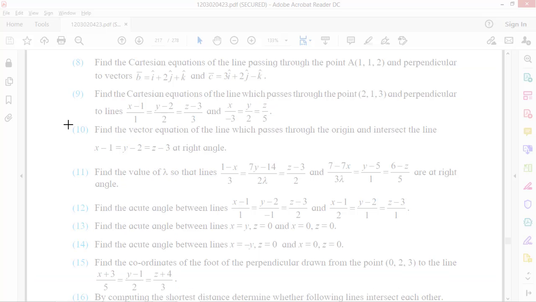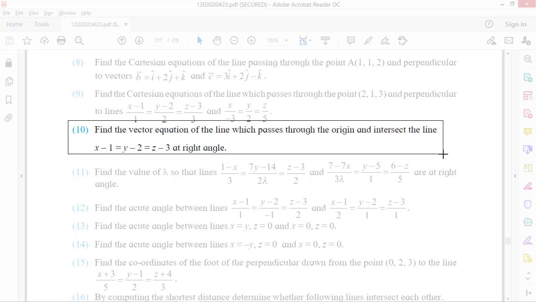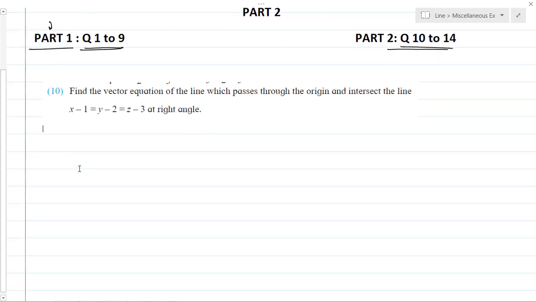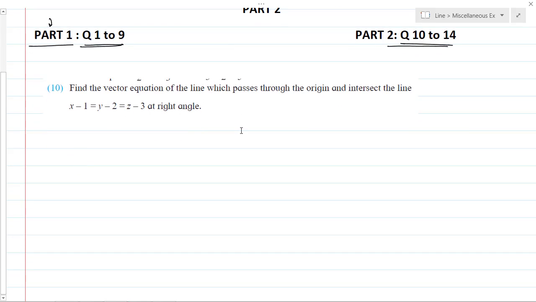It says: find the vector equation of the line which is passing through the origin. Let's underline this. So this point becomes A(0, 0, 0), and it intersects this line at a right angle.